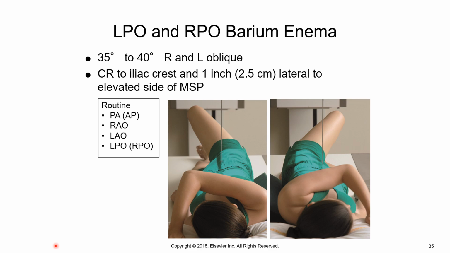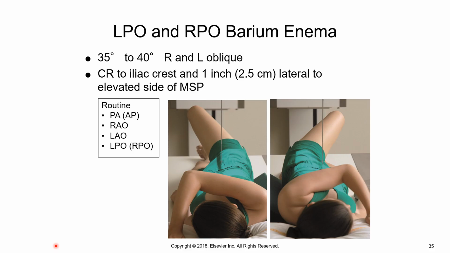Your technique is the same, 110 at 2 for single, 90 at 2 for double or water soluble. And the patient is rolled into a 35 to 45 degree oblique. I realize this slide says 35 to 40, I'm sorry, it should be 35 to 45 degree obliques, which means we'll use the oblique sponge.